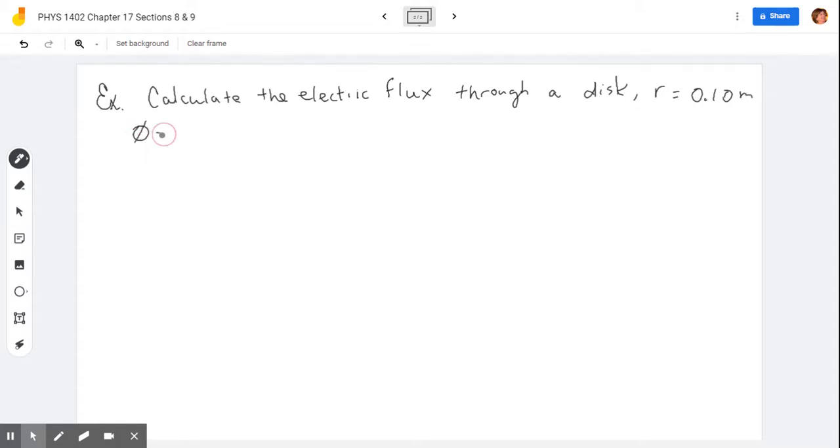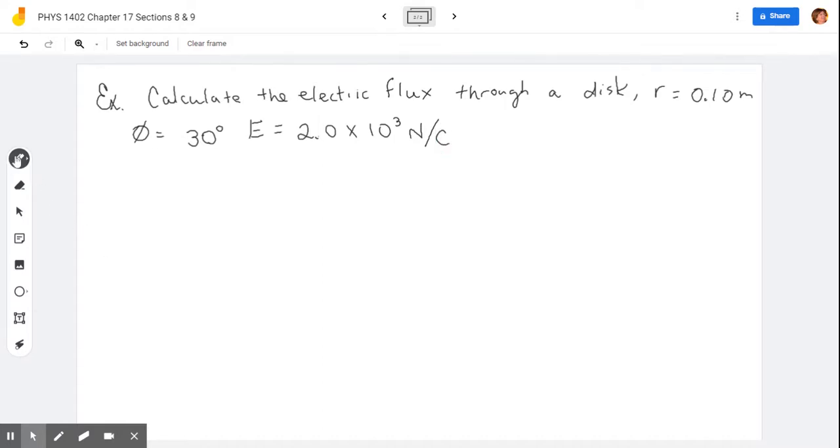It makes an angle phi of 30 degrees, and the electric field strength is 2.0 times 10 to the third newtons per coulomb.